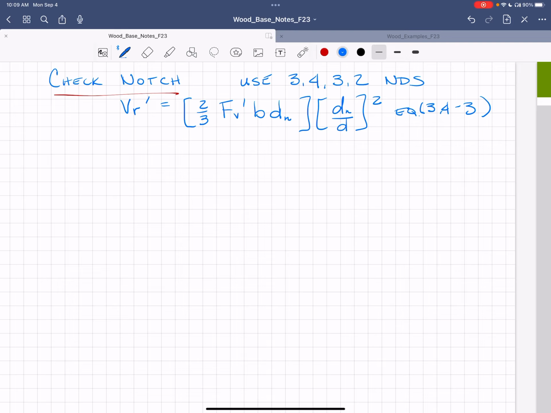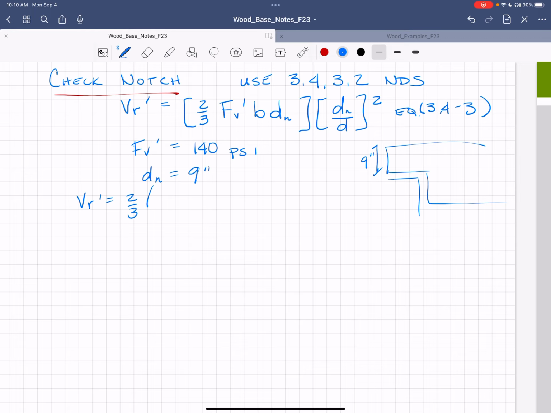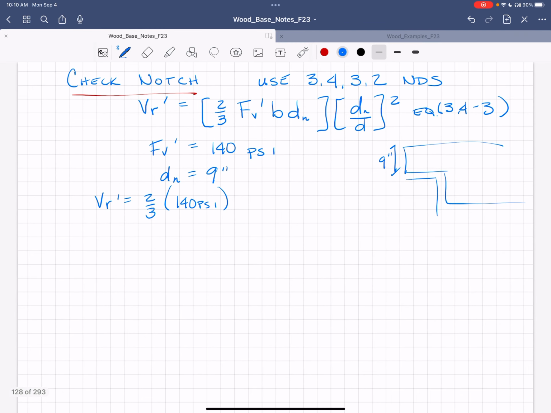All right, F sub V we already did, 140 psi, we looked that up. D sub N is the depth of the notch, and they told us that that's 9 inches. So V sub R prime equals 2/3 times 140 psi. I'm going to leave units on just so I don't mess anything up here.